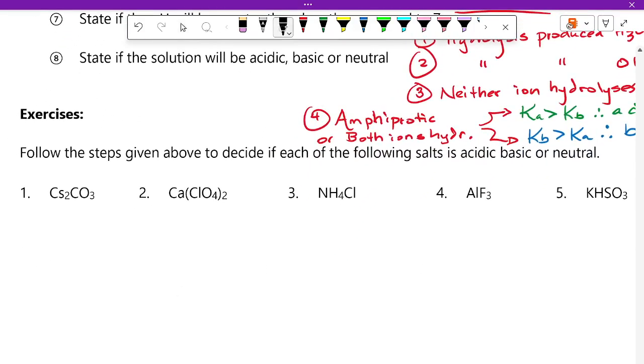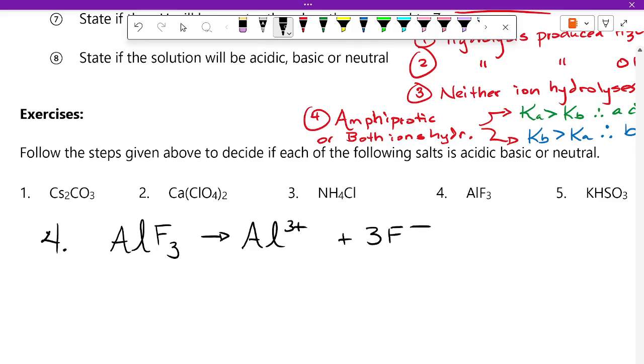If you get to question number 4 and you're like, what on earth is happening there? If you feel creepy, you need to remember, so say for example, if we have this one, AlF3, it gives Al 3 plus and 3 F minus.